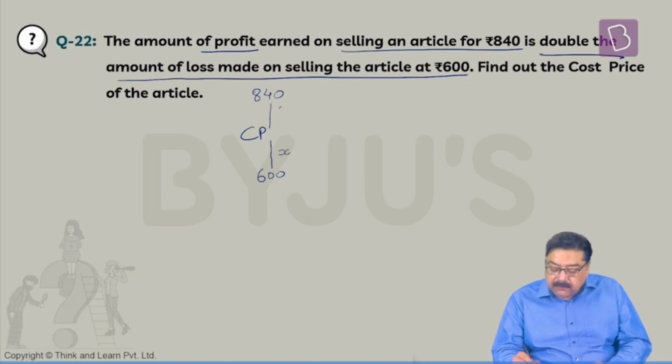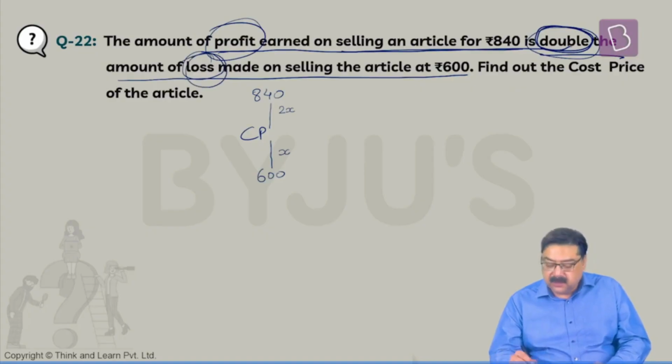So the amount of profit made is double, that is 2X. It is given here. Amount of profit earned on selling an article for rupees 840 is double the amount of loss. So amount of profit is double the amount of loss. So once again, when you compare these, you find that 840 minus 600 equals 3x.